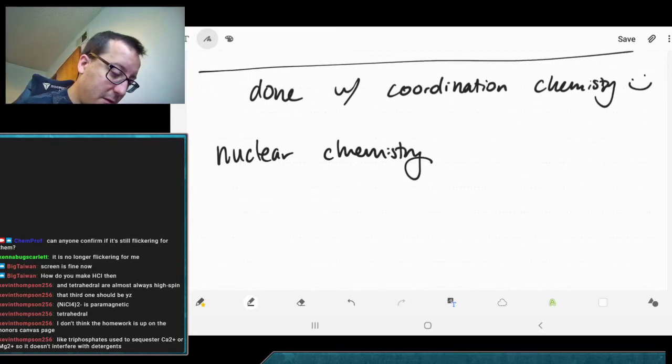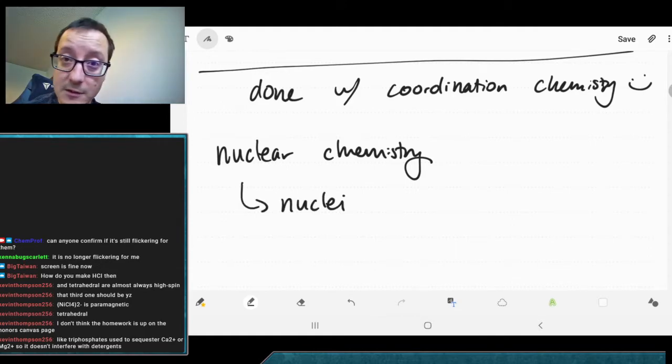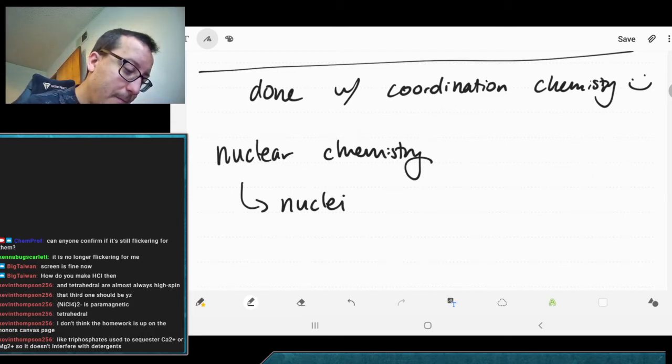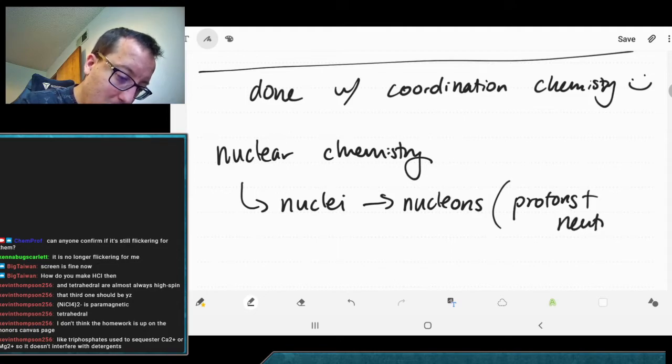We're going to see that nuclear chemistry deals with nuclei, the centers of the atom. We're not going to look at electrons anymore. Now we're looking at the nucleus of the atom. Nuclei are made of nucleons, which are your protons and neutrons.